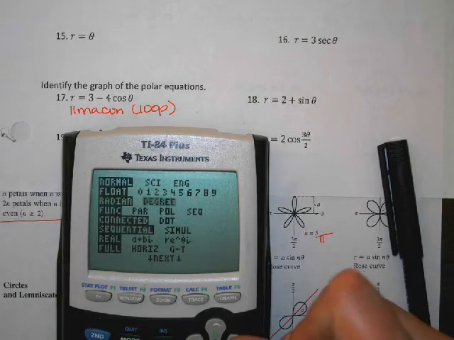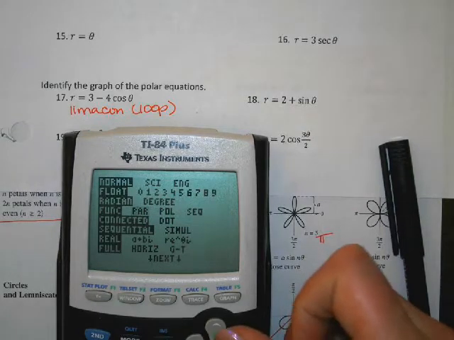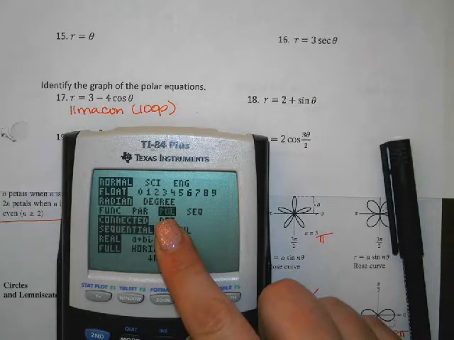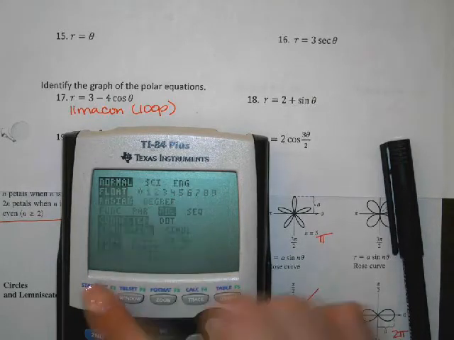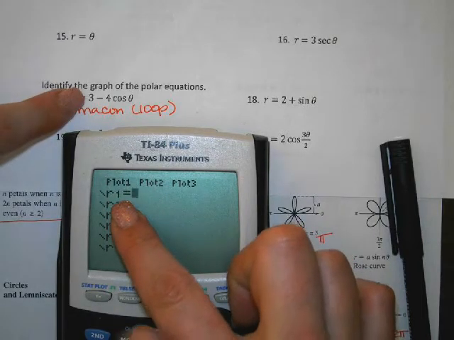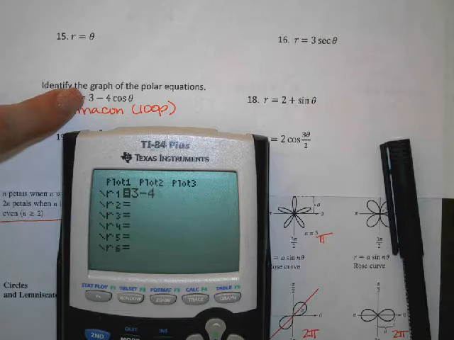We're going to go over. So the first one, if you go over, is parametric, and then the next one is polar. We're going to press enter so it's dark on that. And what you'll notice now is that instead of asking for y equals, it says r equals. And then we'll go ahead and type this in, 3 minus 4 cos, and when you hit the X button, it's going to put a theta in there instead.